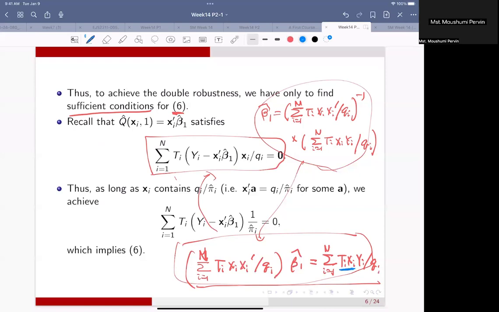So then all you have to do is move this part to here. So that is basically this one. In fact, this is actually the normal equation for obtaining theta hat one.